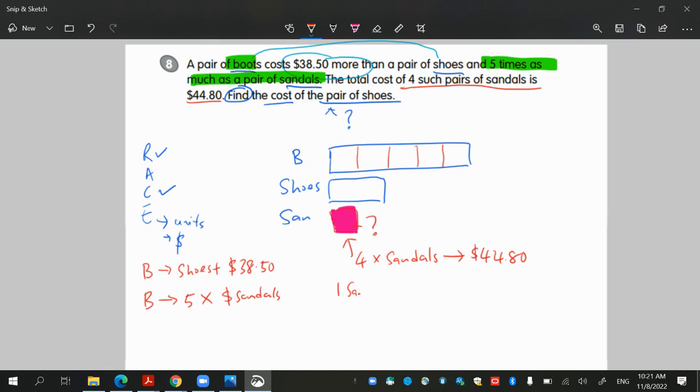I'm able to find one sandal because I can use $44.80 divided by four, and that will give me, oops sorry, $11.20. So that's one sandal. So meaning I've got one unit here. Each unit here will be $11.20.